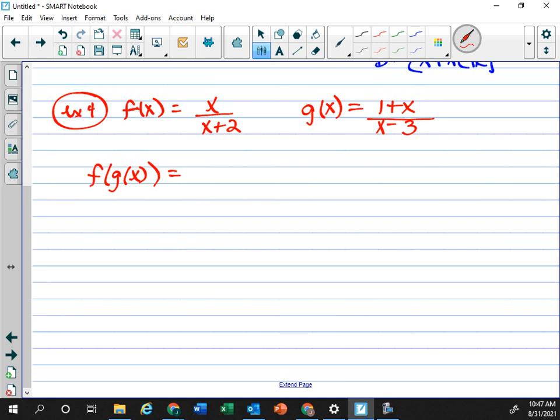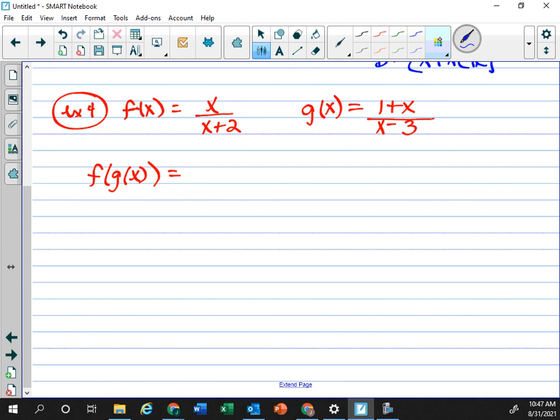All right, guys, let's go through it. Some of you are there, which is awesome, and some of you are on step one. That's okay. Let's walk through it. So f of g of x, that means I'm plugging the g of x function into f of x.